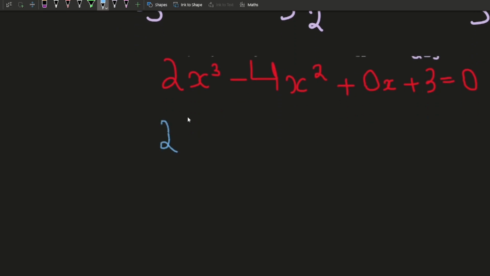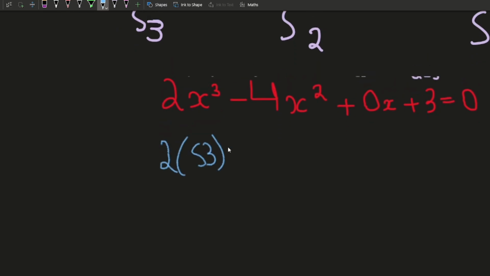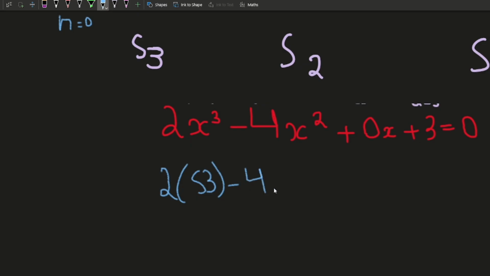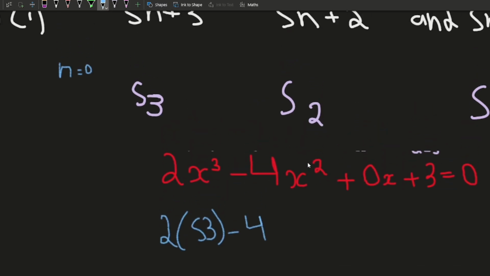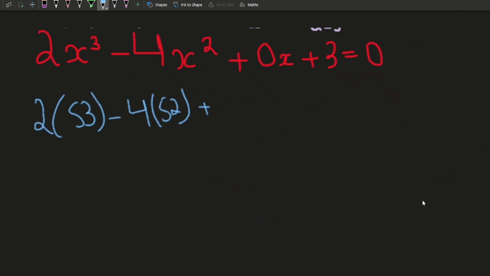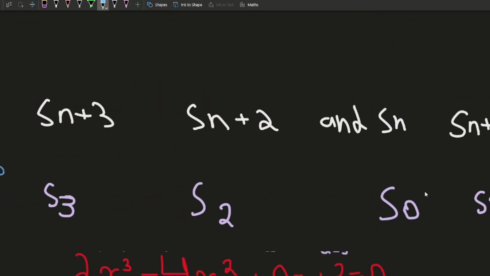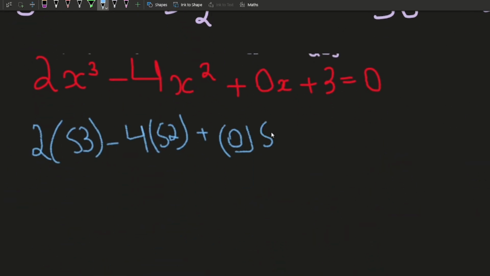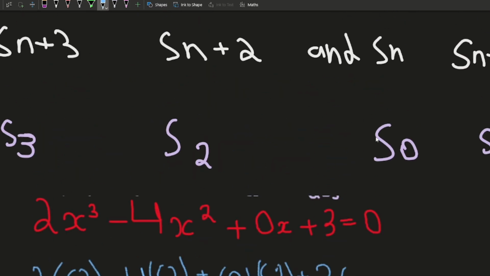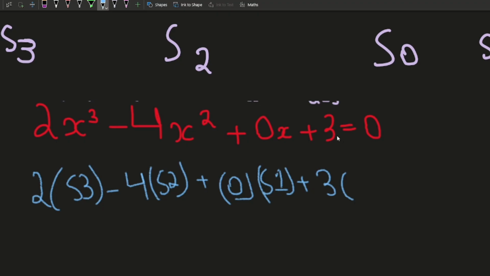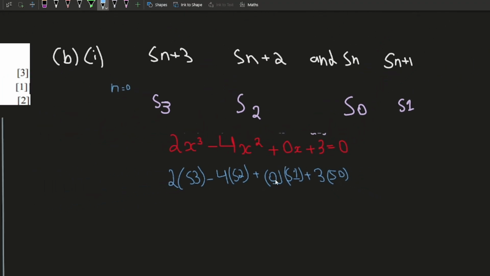So this will be 2S3 minus 4, and in place of x squared, we will put S2, plus, in place of x, we will put S1, plus 3. And since there is no x variable here, it's basically x to the power 0. So S0 will be in place of x to the power of 0.